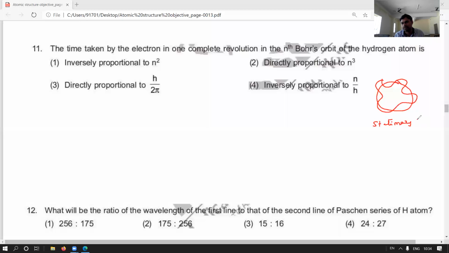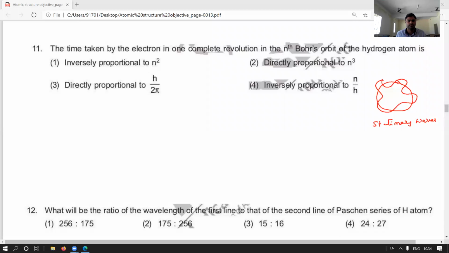Or stationary waves. So in this case, what they ask is the time taken by the electron in one complete revolution of the nth orbit of hydrogen atom. Let's see the 11th one.